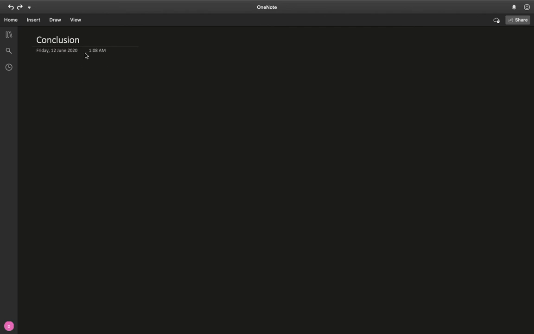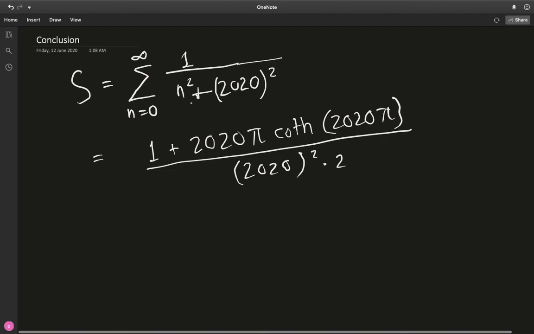So just to conclude everything, we had S, which was defined as the sum from n equals 0 to infinity of 1 over n squared plus 2020 squared.